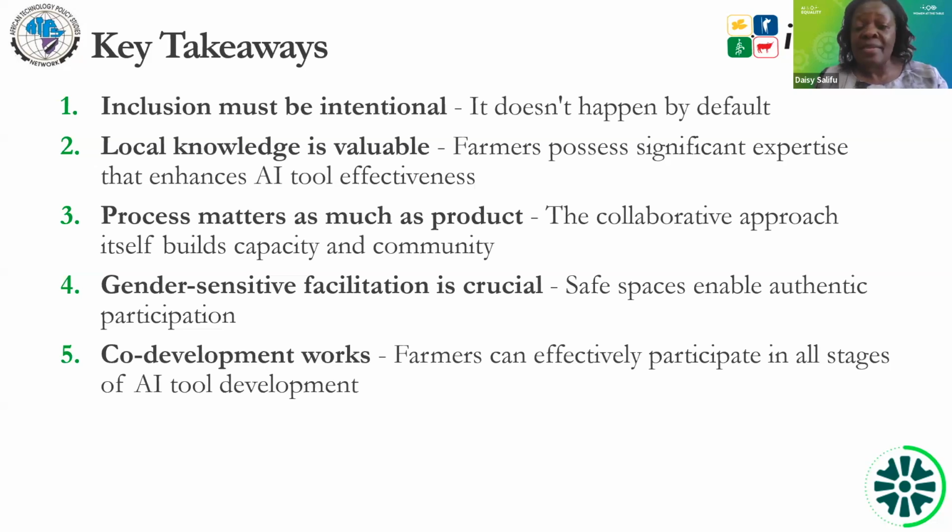And this is exactly what happened in this study, where women were separated from the men and they just expressed themselves, and they were so clear about what they wanted and what they needed in their cassava production as an industry.